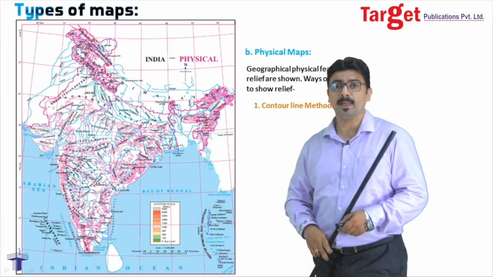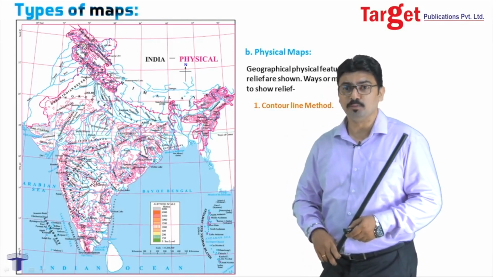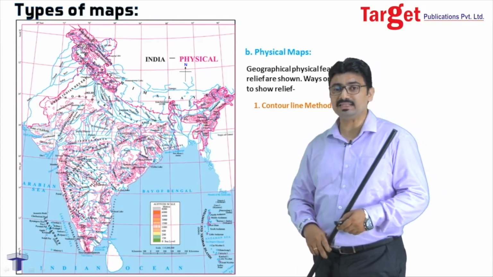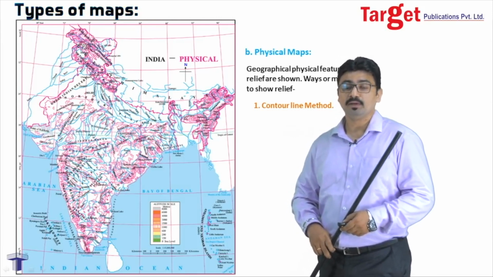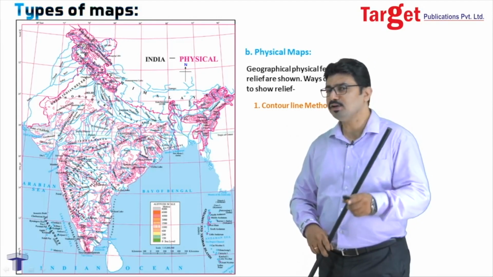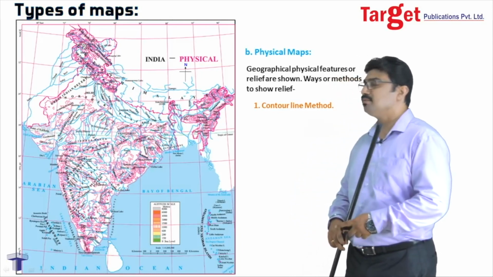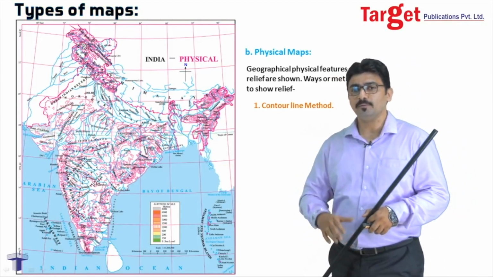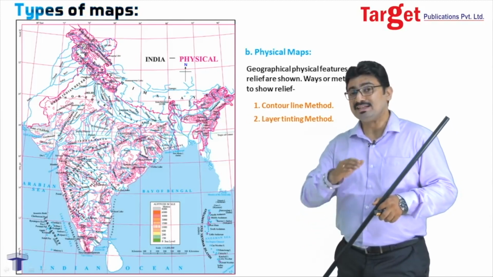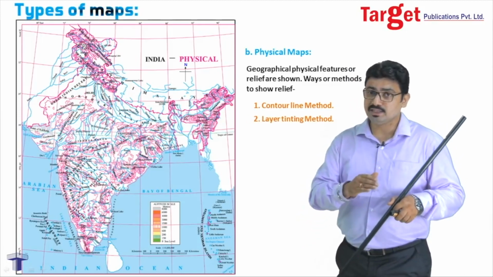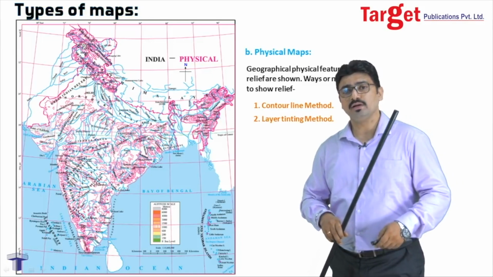The first method that we use to show slope or relief in a physical map is the contour line method. Now, contour line method is already studied by you in earlier standards, right? So, contour line method is essentially used to show slope of a mountain, whether it's steep, whether it's gentle, we understand with contour line method.